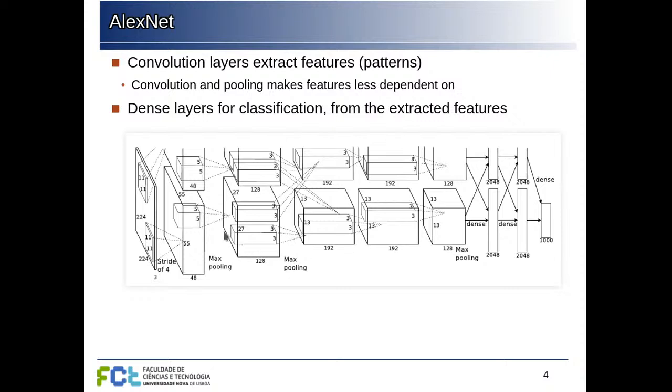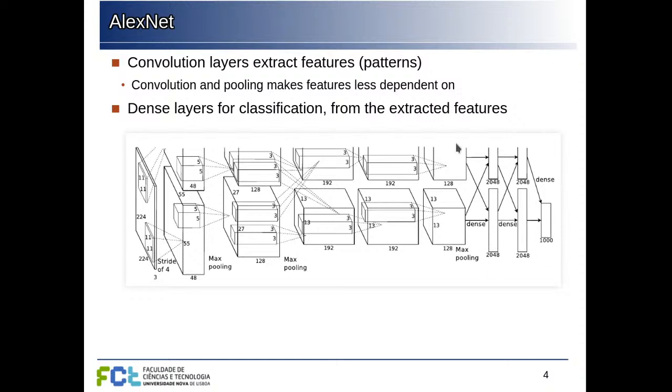And then as we start converting the spatial resolution here in the original image into more filters, and these filters responding to more complex patterns, when we reach the end, we can flatten everything out and pass on to dense layers, and these will do the classification.